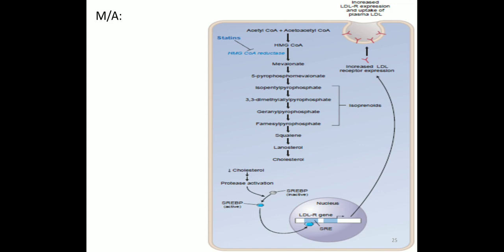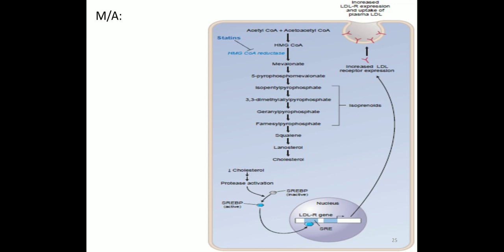Statin ultimately inhibits the HMG coenzyme reductase enzyme, which is the enzyme that converts HMG coenzyme to mevalonate. As we can see in the diagram, HMG coenzyme is converted to mevalonate, which is the rate limiting step in the formation of cholesterol.